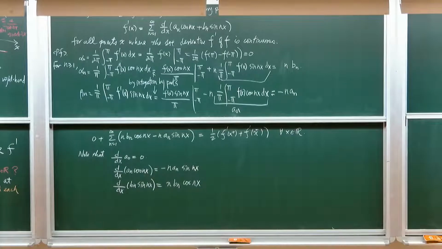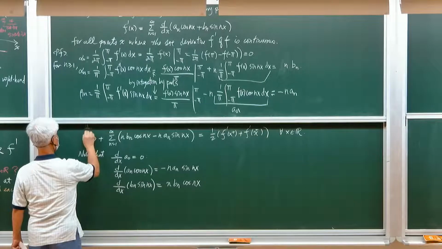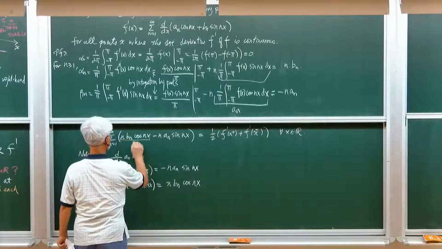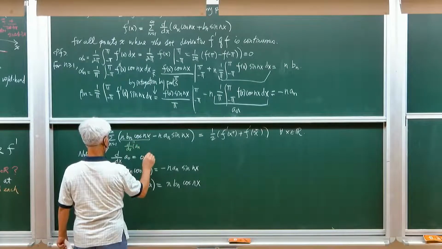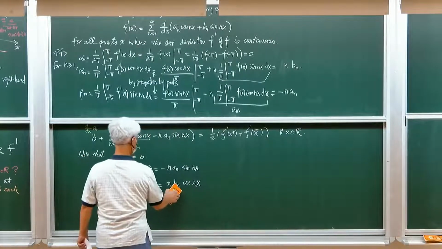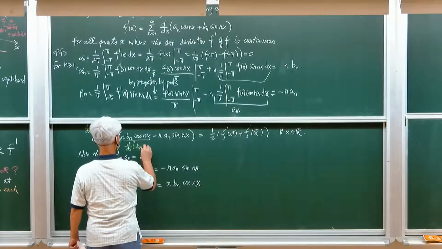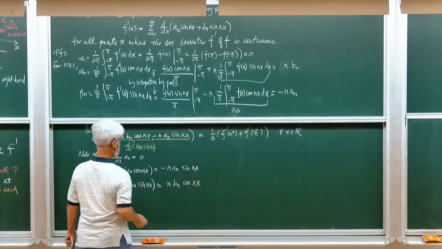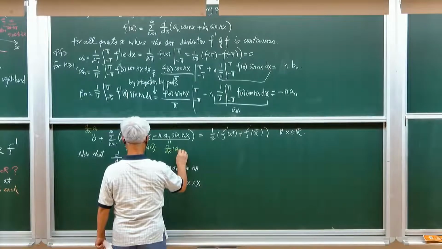And so from this discussion we know that this is actually d dx a0, and this term is equal to d dx of bn sine nx, and this part minus n an is equal to d dx of an cosine nx.